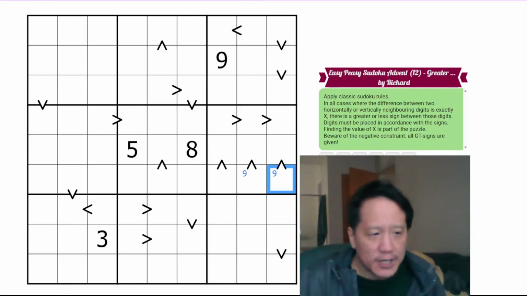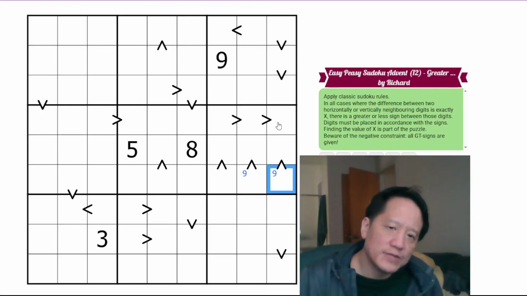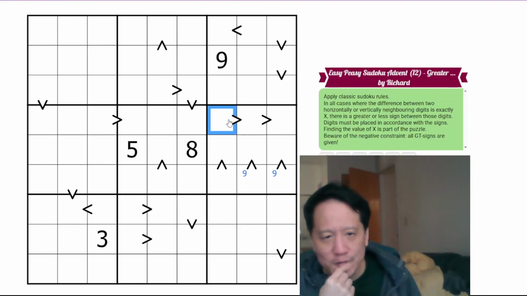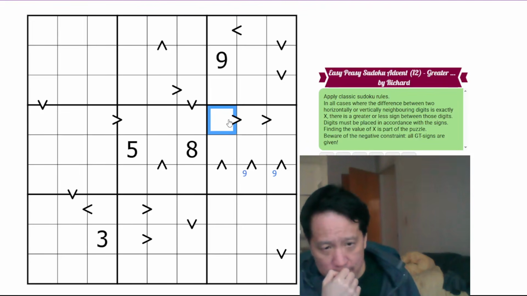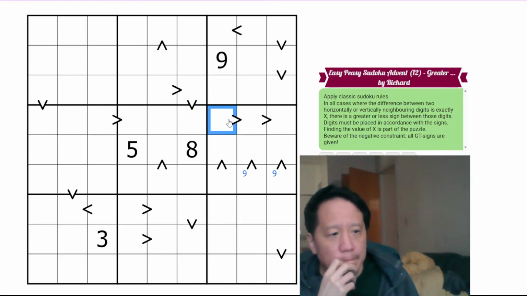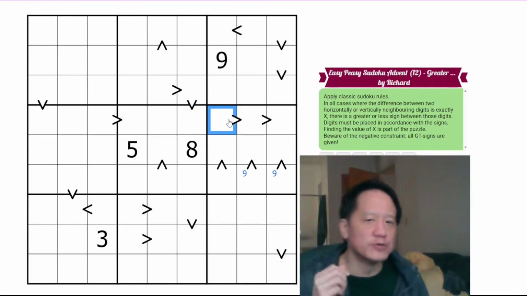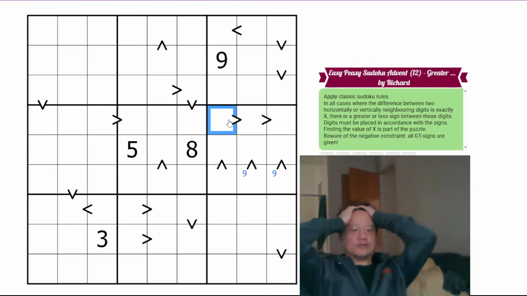If it's 3, this can't be 3, 6, 9. It could be 2, 5, 8, 1, 4, 7. And that could work. So that's possible. So x is either 2 or 3. We don't know which.